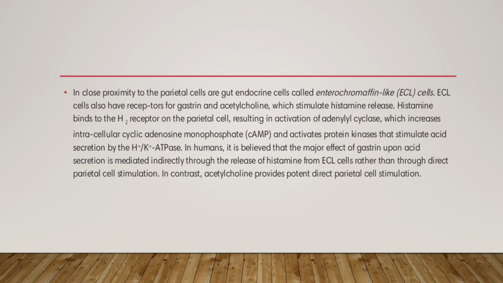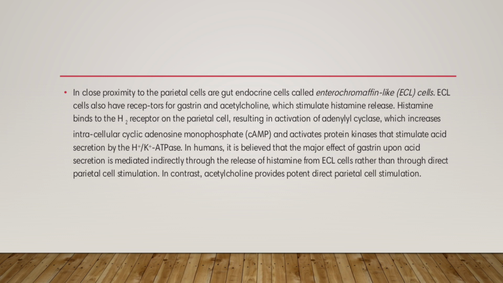So, in close proximity to the parietal cells in the gut are endocrine cells called the enterochromaffin-like cells. ECL cells also have receptors for gastrin and acetylcholine, which stimulate histamine release. Histamine binds to the H2 receptor on the parietal cell, resulting in the activation of adenylyl cyclase, which increases intracellular cyclic adenosine monophosphate and activates the protein kinase that stimulates acid secretion by the H+/K+ ATPase.